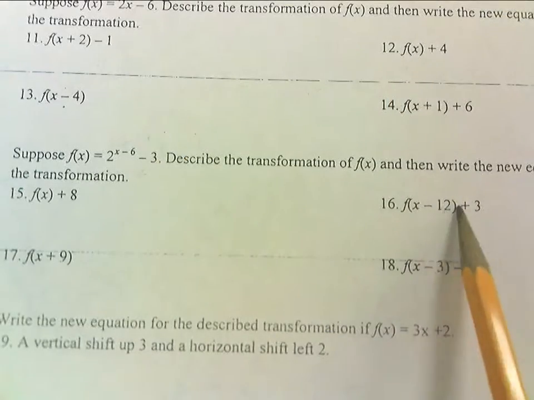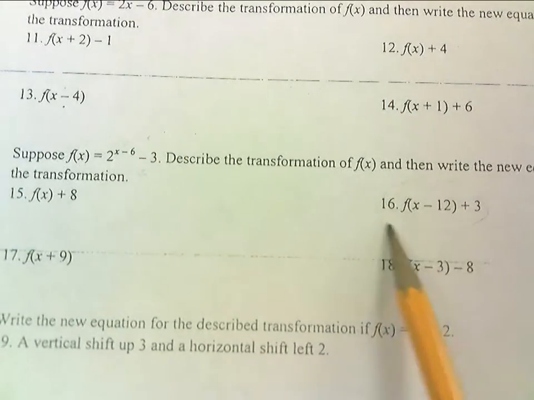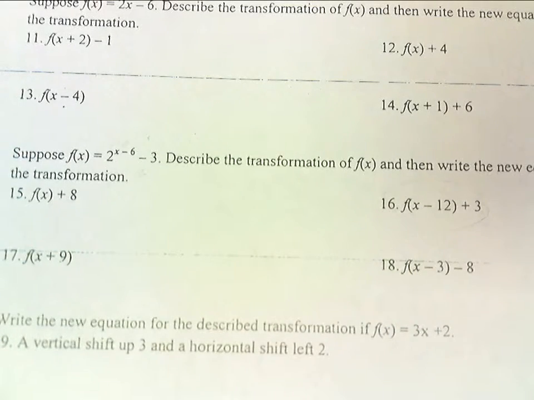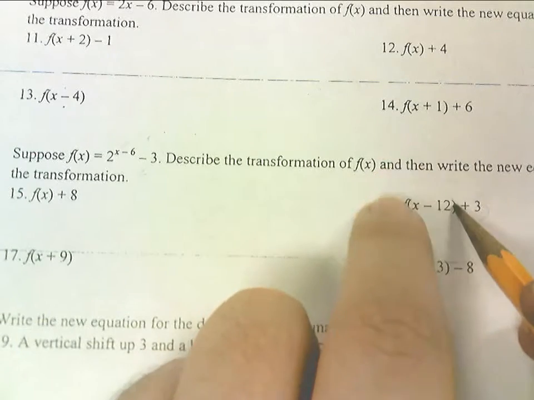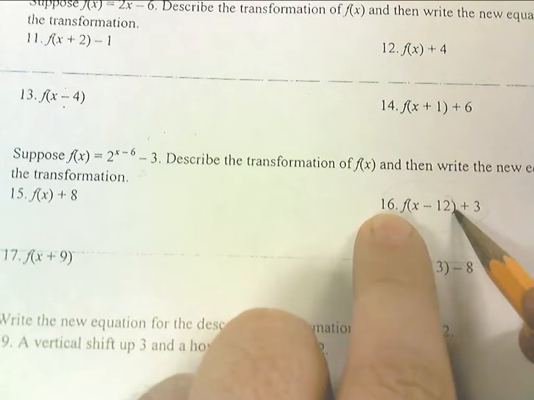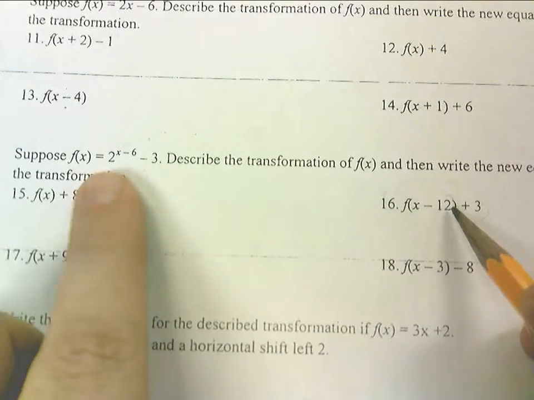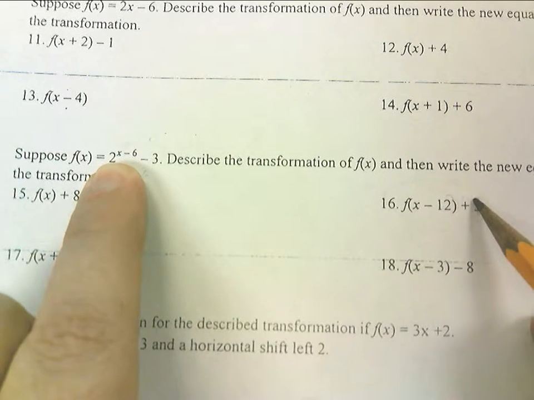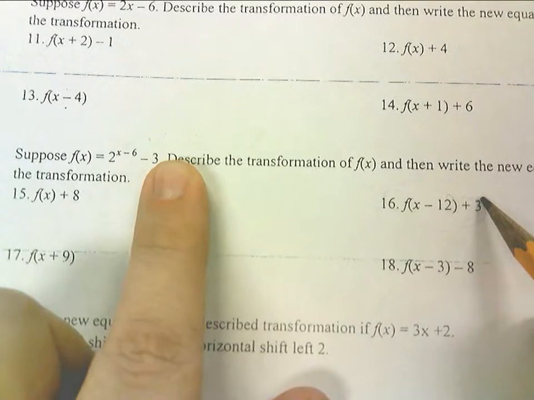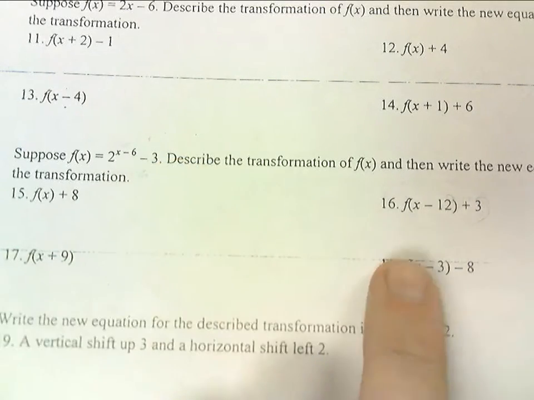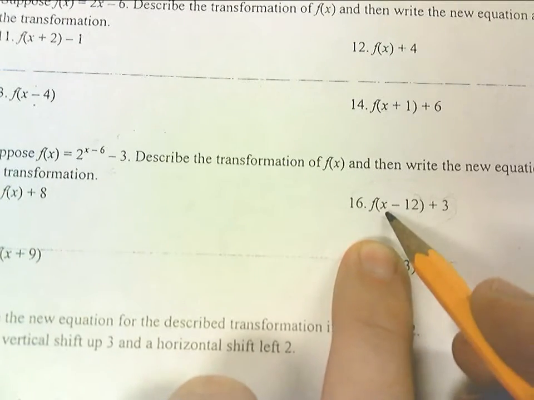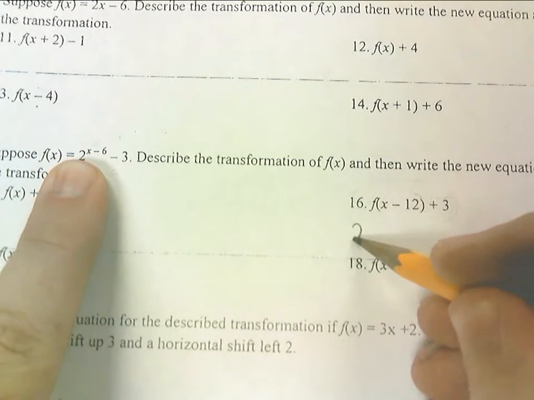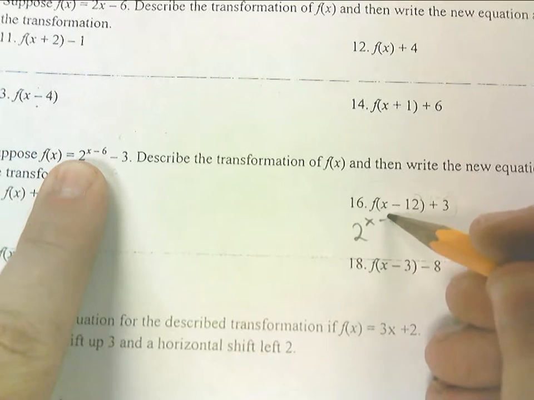Down here, it wants me to perform some transformations to that equation, to my line. And remember, anything in the parentheses is going to go directly to my x. Anything outside the parentheses just goes to the end of my line. So if I were to plug in x minus 12 into where my x is, I would have 2 to the x minus 12.